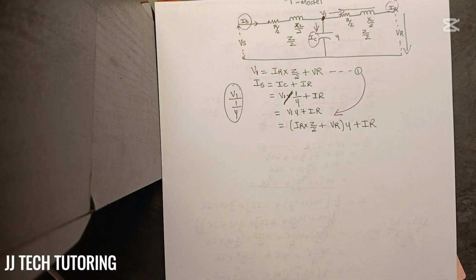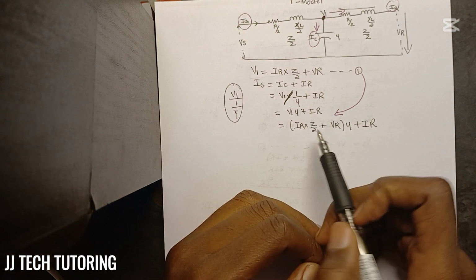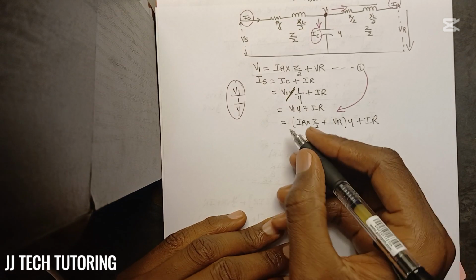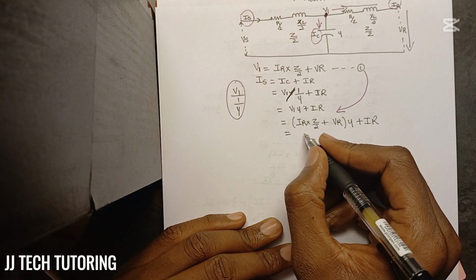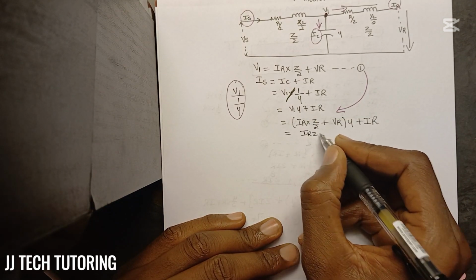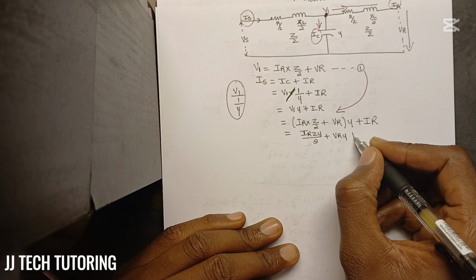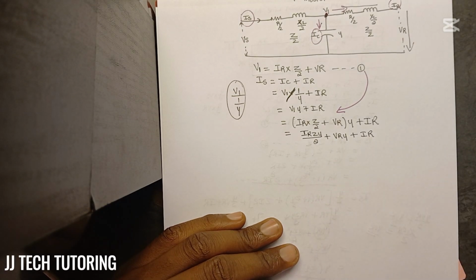There is nothing to solve further here, and nothing else to substitute. We're just going to simplify for this current IS: IR ZY plus VR Y plus IR.